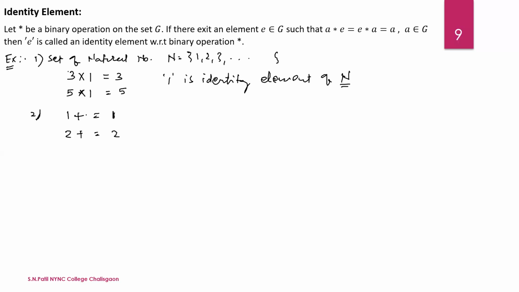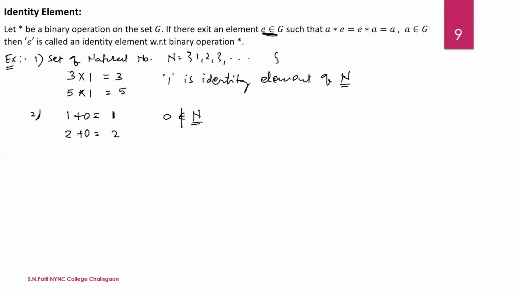We find the element such that after adding we get the same number. There is only one such element, 0, but the identity element should belong to that set, and 0 does not belong to the set of natural numbers.